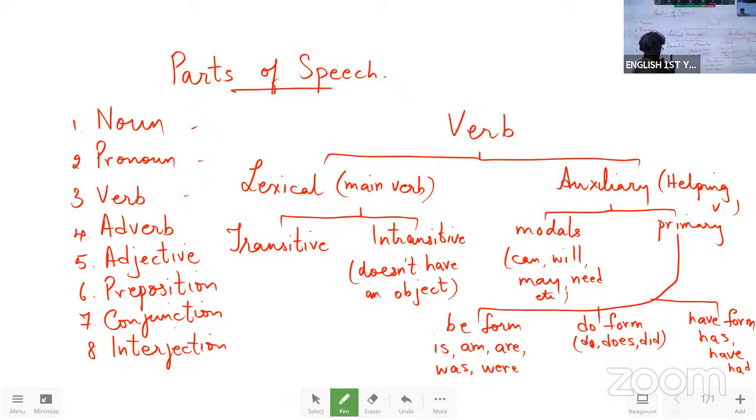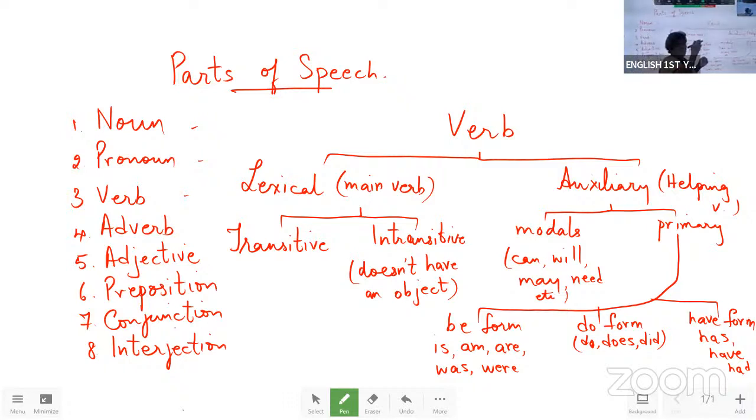So those students who have study material where it is not mentioned, please make note of it, children. Be form is, especially be form and intransitive. You should remember that intransitive form doesn't have an object. And modals are can, could, will, would, shall, should.